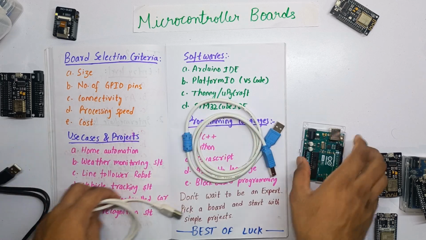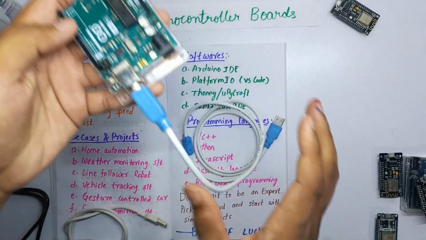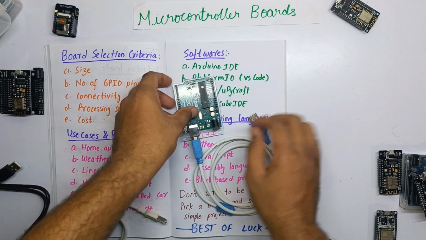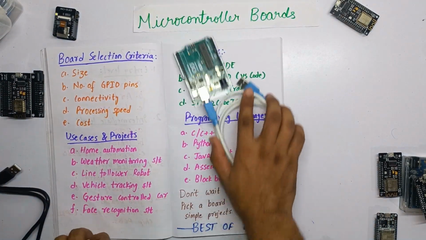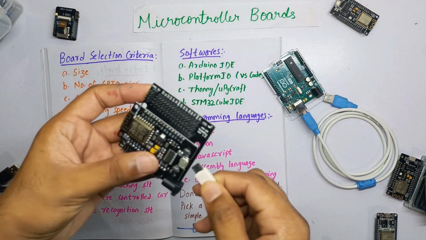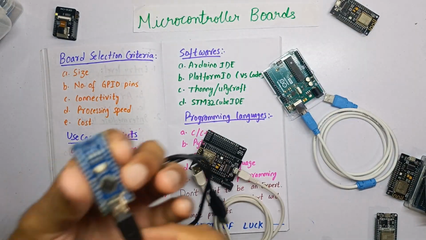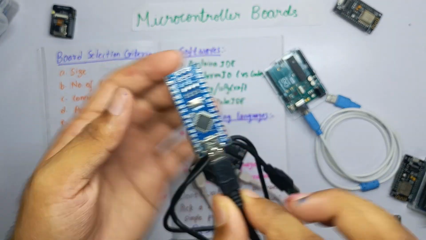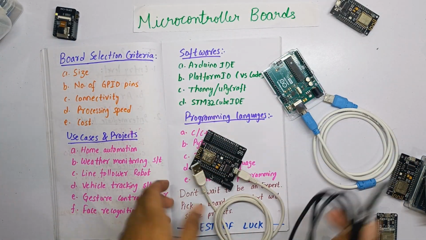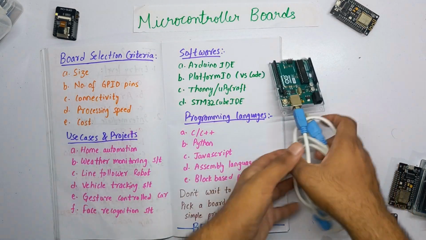So for some microcontroller boards, we have some USB cables. Like for Arduino Uno, we have this. For ESP8266 NodeMCU or ESP32, we have this. And for Arduino Nano, we have this. Like that, we'll have some specific data cables or USB cables for the programming boards.